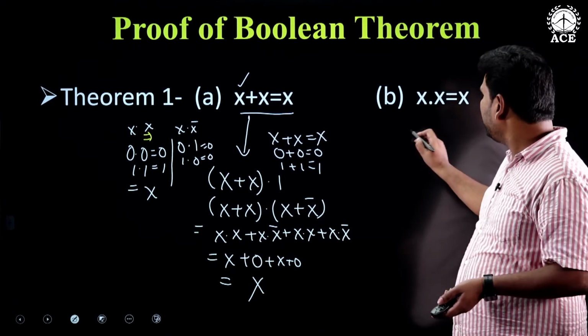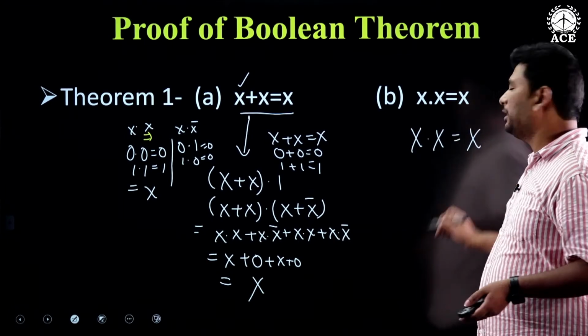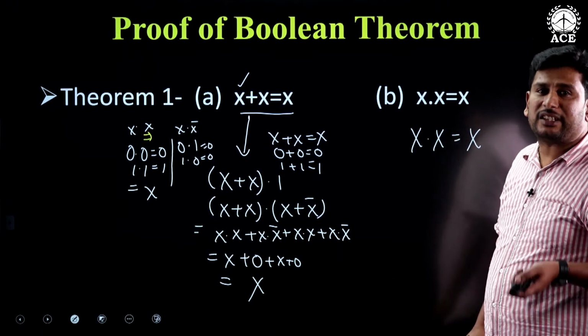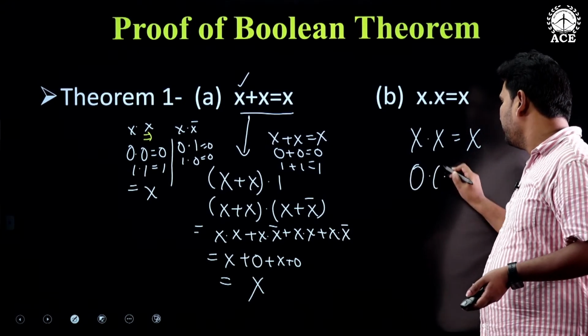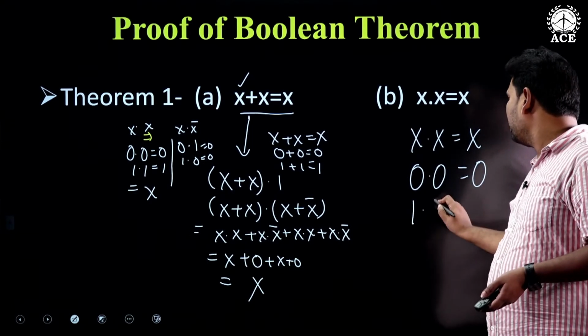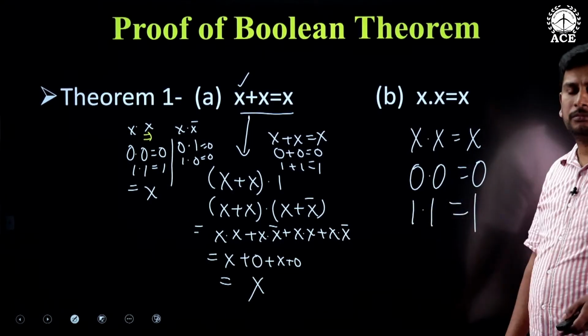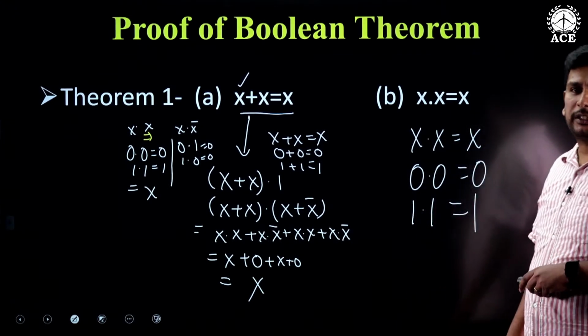Replace OR with AND, and since you are not using any identity element, simply I can say X AND with X equals X itself. If X equals 0, 0 AND with 0 equals 0. If X equals 1, 1 AND with 1 equals 1. So this is your first theorem and the respective proof.